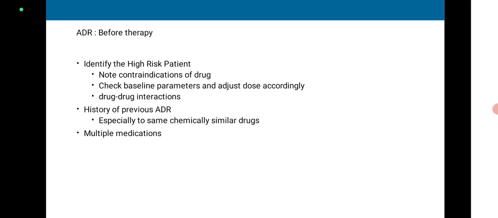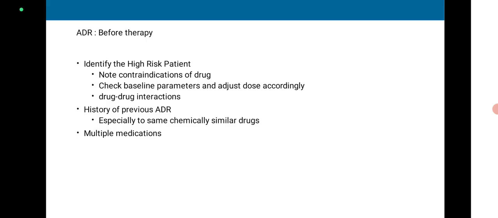At the same time, before the therapy, besides identifying the high risk drugs, we need to identify the high risk patients also. High risk patients include those who have contraindications. If we are starting a specific drug treatment, patients who have a specific contraindication to that drug are categorized as high risk.